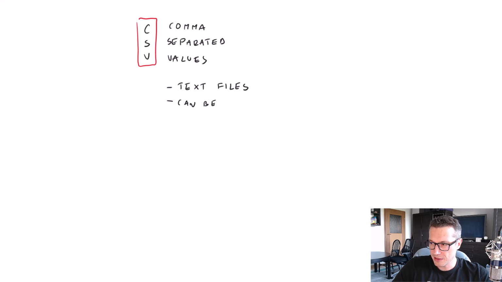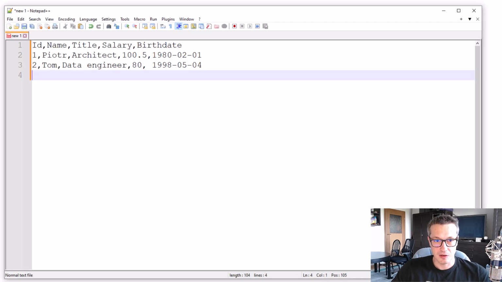But CSVs are pretty simple, so they can be opened by any tool. These are just text files, and as we saw already, they are pretty simple and easy to understand. At least that was the case of this employee file that had only those 5 columns and 2 rows. Just by looking at this data, we already know what we were trying to store here.